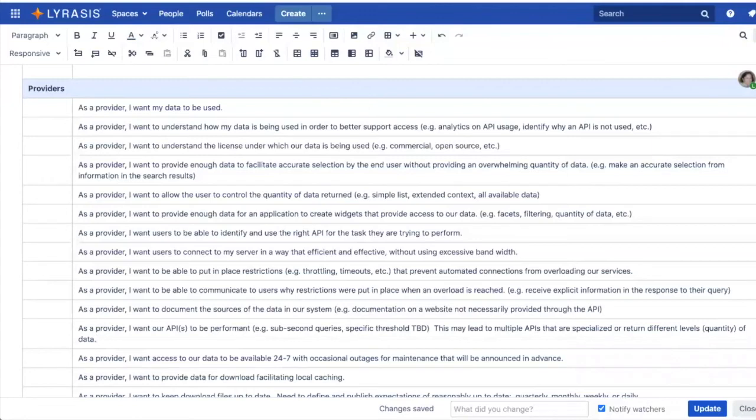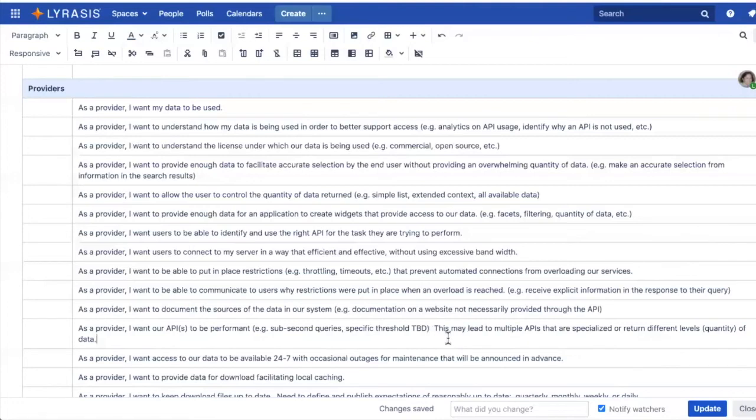So I added on to that this may lead to multiple APIs that are specialized or return different levels or quantities of data. I'm thinking there that there was an example earlier where the data comes back as either a simple list, or maybe it comes back with extended data, or maybe it comes back with a lot of data. And it's possible that one approach is, instead of having one API that can serve all three of those levels in one API, you might end up with multiple APIs.